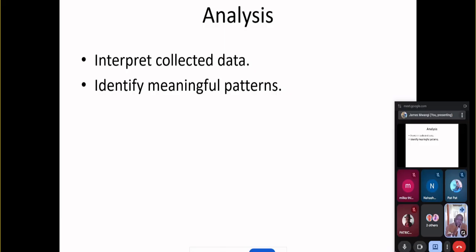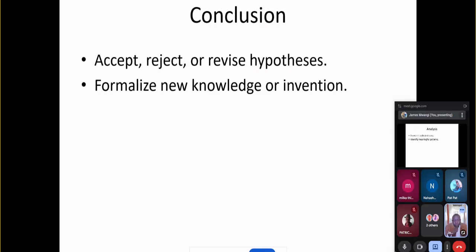Maybe when I use this number of cells, this electric bike will travel a certain distance. So you identify meaningful patterns through looking at the relationship between the variables.